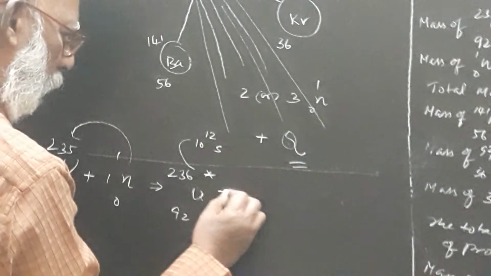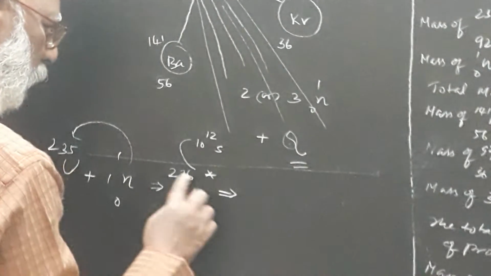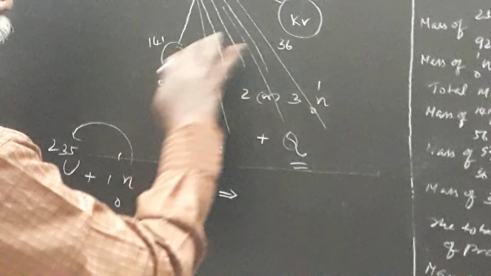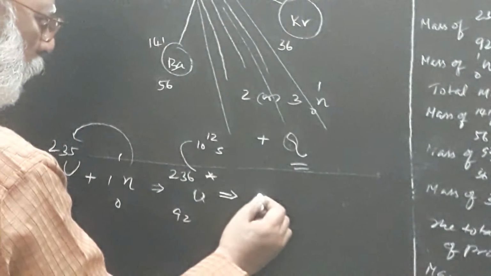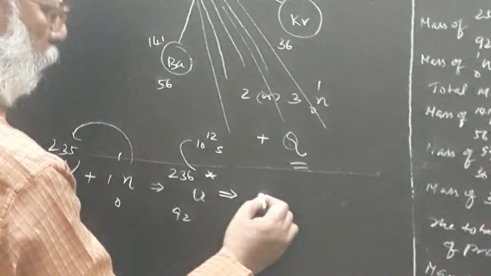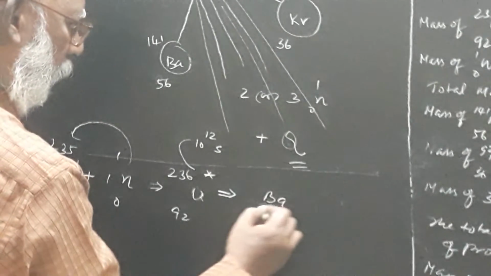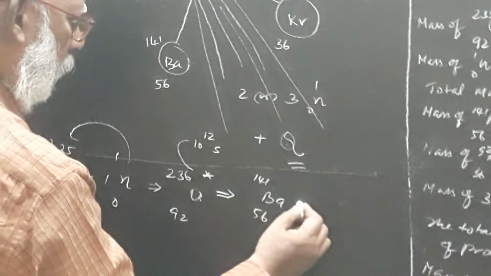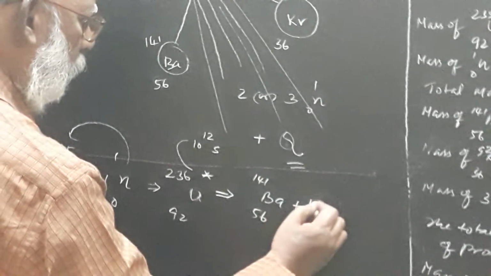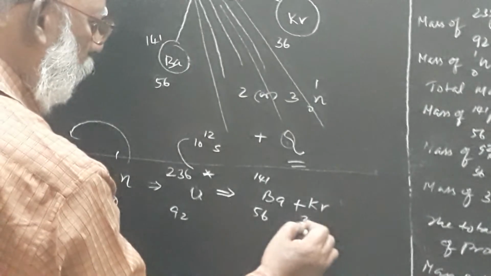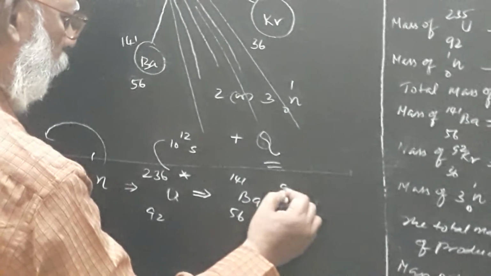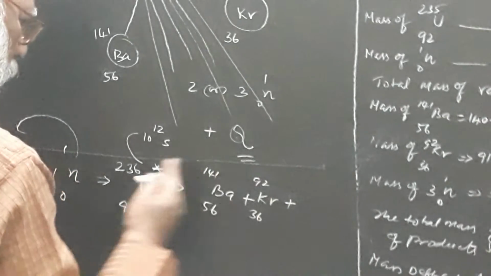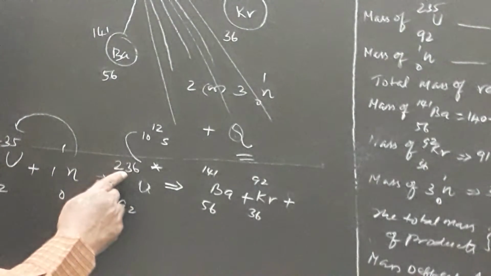After that it decays naturally and splits into two nuclei called barium 56 and 141 atomic mass number, plus krypton 36 and 92, plus you have to add here 236.